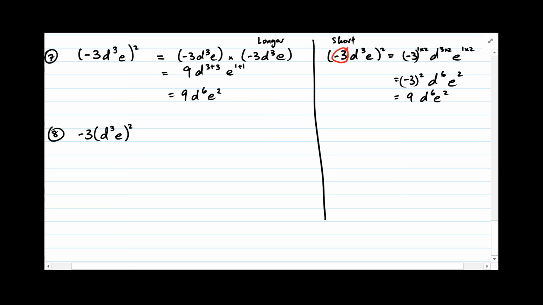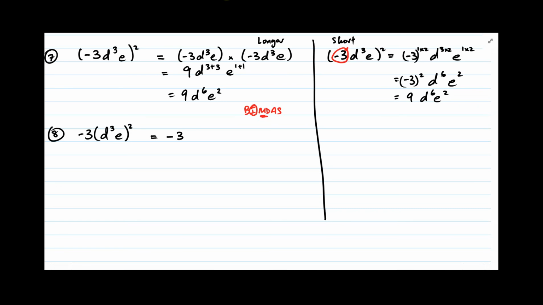I wanted to do this both ways, although we will prefer the short way for efficiency, because next time I could put the power on the exterior as some ridiculous power like the 20th power. All right, let's look at number 8 now. Is it the same? Recognize that we have multiplication and powers. You should remember your order of operations, PEMDAS: indices come before multiplication.